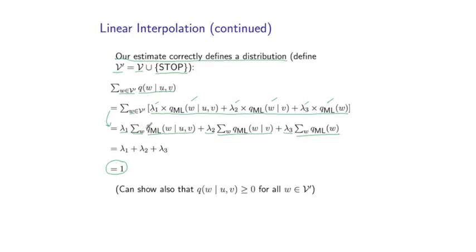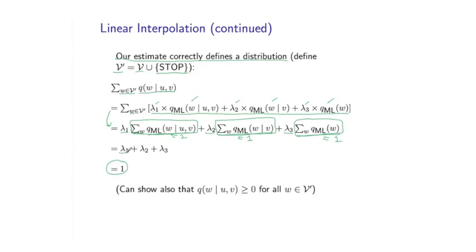Next, it's simple enough to show that these sums are all equal to 1. That's because the maximum likelihood estimates themselves correctly define a distribution. Or equivalently, you can go back to the definitions in terms of counts and convince yourself of this property.